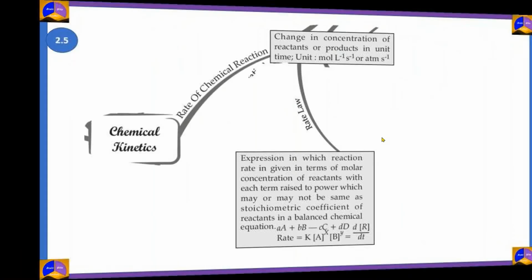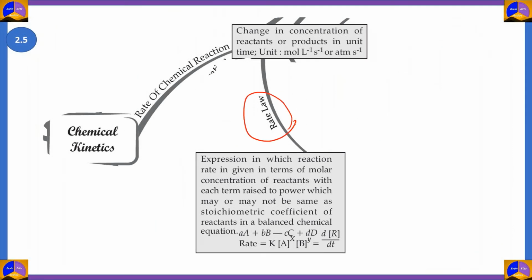Now let's look at rate law. So what is rate law? The expression in which the reaction rate is given in terms of molar concentration of reactants, with each term raised to a power which may or may not be the same as the stoichiometric coefficient of reactants in a balanced chemical equation. So earlier we knew that rate is equal to change in concentration divided by time.